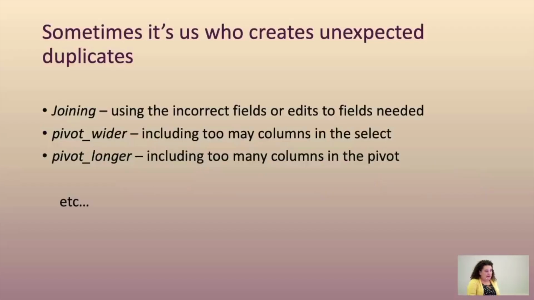The common places, at least in my line of work, where I find I have accidentally caused duplicates in my data are incorrect joins, and incorrect pivots, either in R using pivot_wider or pivot_longer to shape the data around. So as you are QCing your code, or someone is QCing your code for you, these are the places to look, like, oh, did you include all of the columns, so that you don't end up with crazy duplicates.